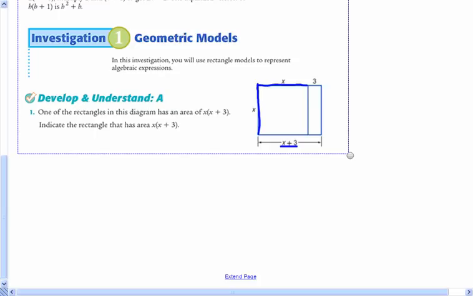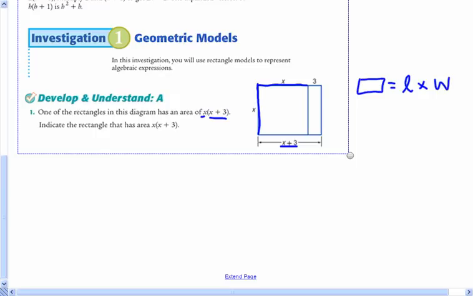It says one of the rectangles in this diagram has an area of x times the quantity x plus 3. Remember, area of a rectangle is length times width. So what they did is they took the length, which is x plus 3, and they multiplied it by the width x. So we want to indicate that.